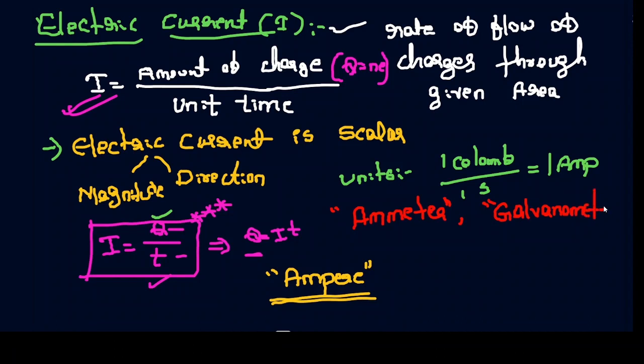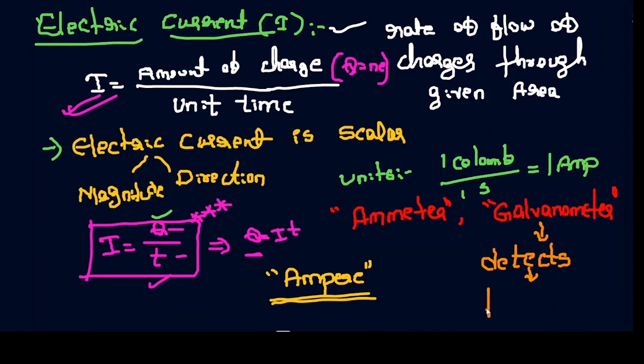Now what is the difference between ammeter and galvanometer? Here, ammeter simply measures the exact amount of current, right? But galvanometer detects the current. If we connect galvanometer to any circuit, then first it detects whether the current is flowing through this circuit or not. If the current passes through the circuit, then it gives the direction.